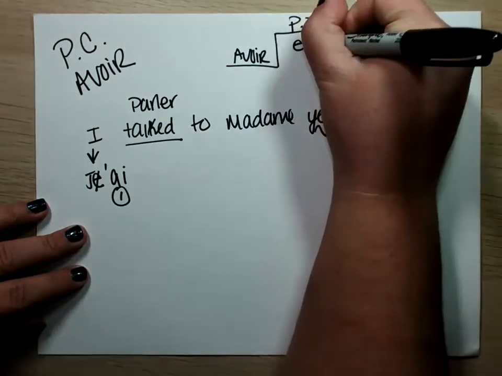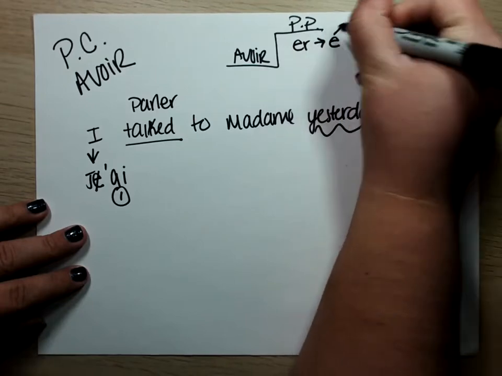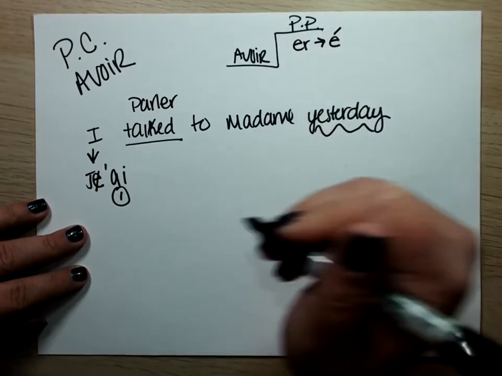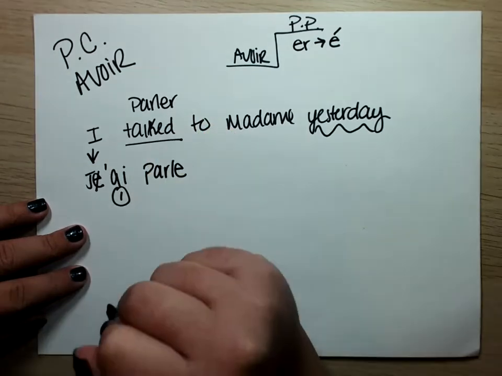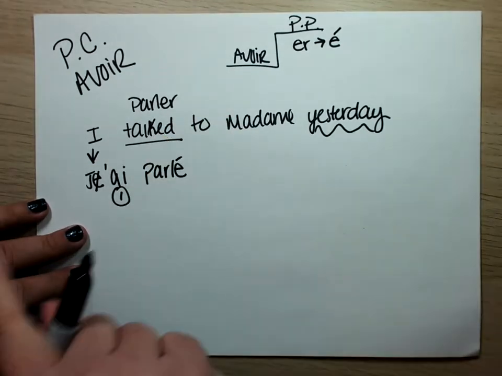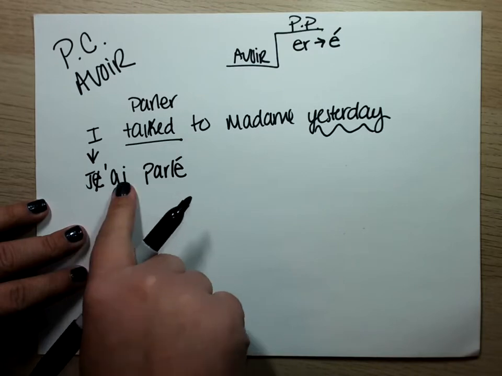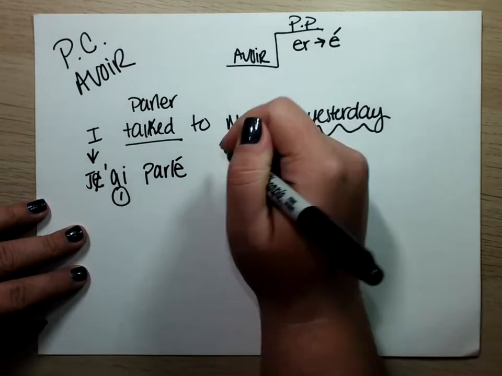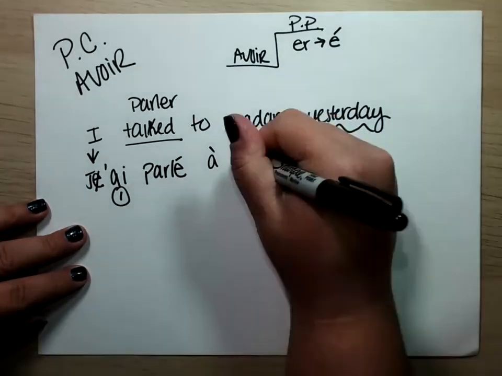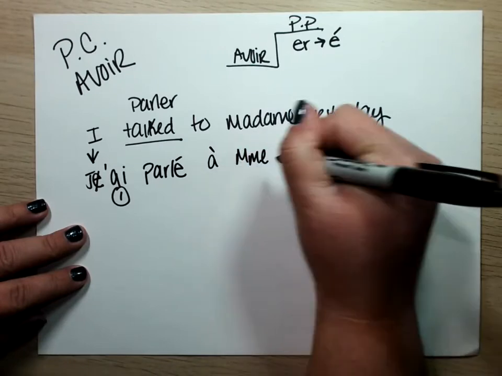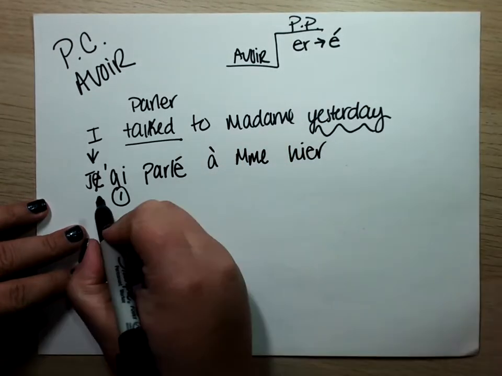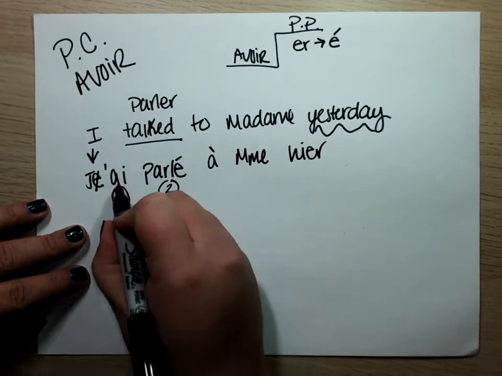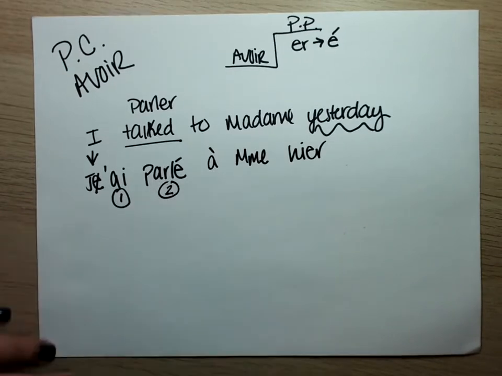And we should remember that er verbs are going to end in accent aigu. So I'm going to just take off my r and add an accent aigu. So j'ai parlé, I had talked, or I talked. À is to. Madame, I'm going to abbreviate that. Hier, yesterday. So hopefully you can see now I've got my step 1 and my step 2.